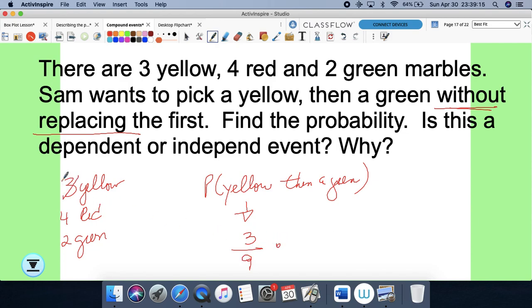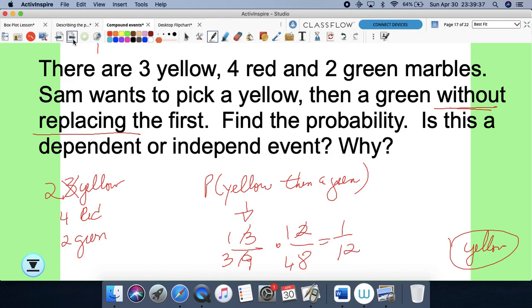So if you take a yellow out and you put it over here, there's your yellow. Now you have 2 yellows. And then you want to take a green. Well, how many greens are there? Well, there's 2 greens, but what's your total? Your total is 2 plus 4 plus 2, which is 8. Okay? Which gives you 1 over 12. All right?